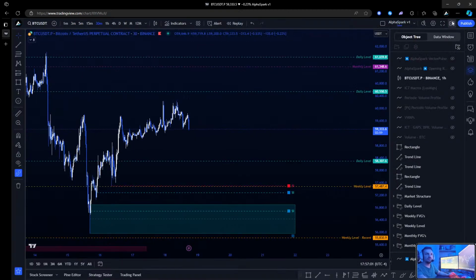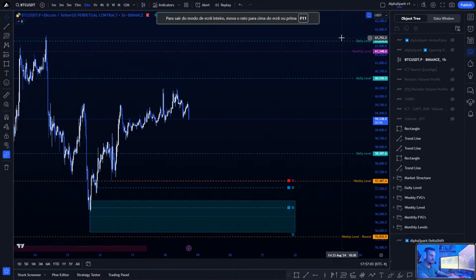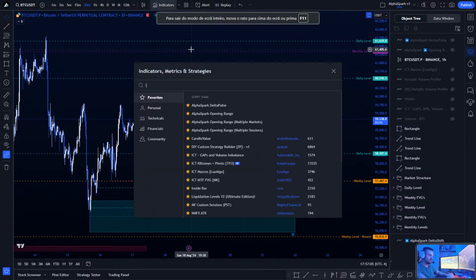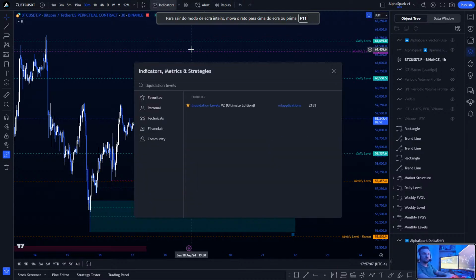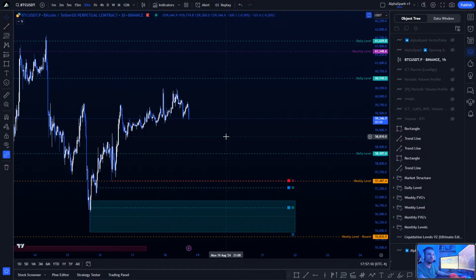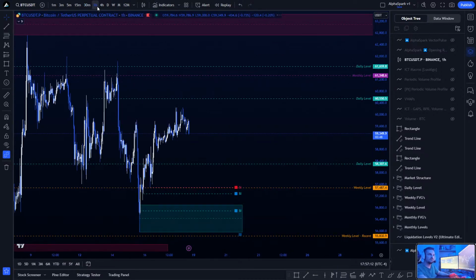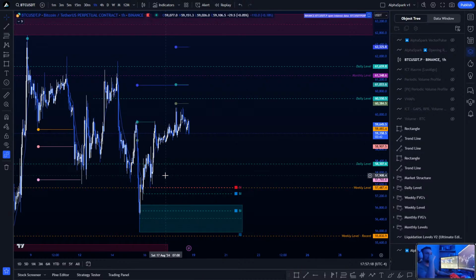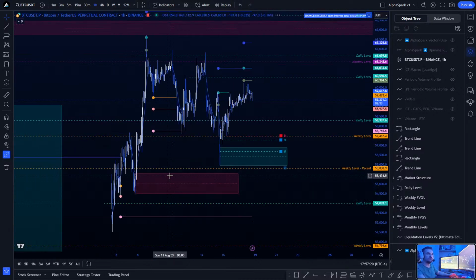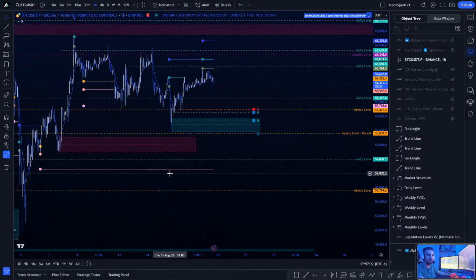I have this bar annoying me. Give me a second. Okay. Let me just see if I have any liquidation level here marked out. Not really. At least not on the 1 hour.